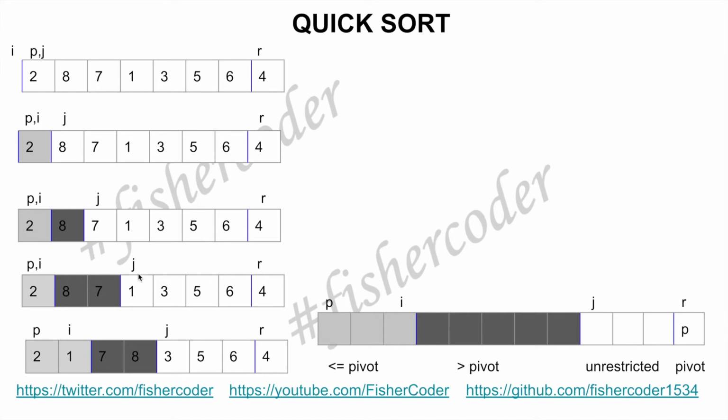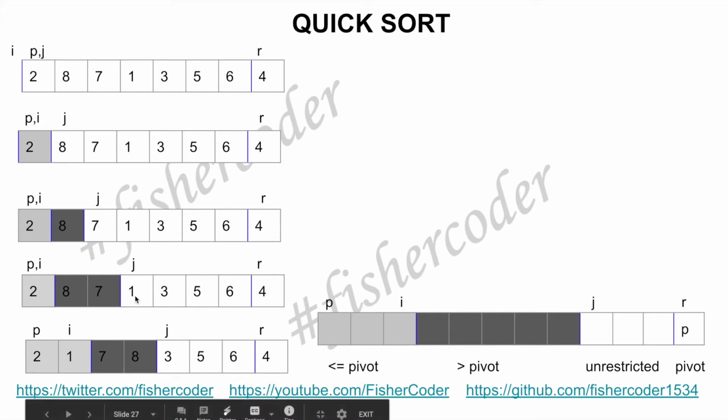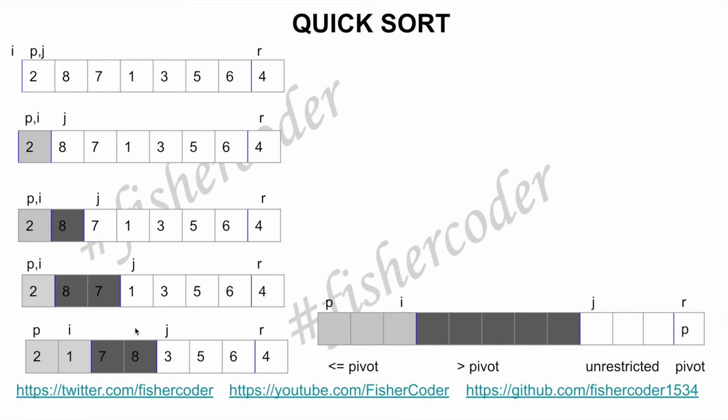So 1 needs to be swapped with the last element pointed by i+1, which is 8. So that's why you see in the next step, we have swapped between 8 and 1. So 8 and 1, they are swapped, so that the lightly shaded area is still everything that is smaller than or equal to the pivot element, but everything in the heavily shaded area is everything that is greater than the pivot value, which is 4.